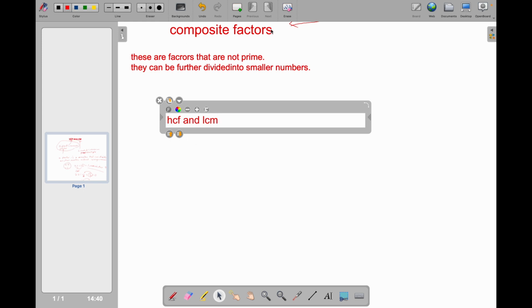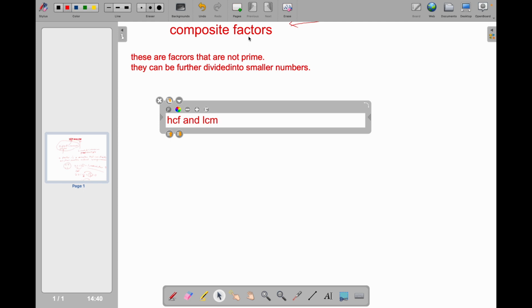That's why we're talking about factors. A highest common factor is the biggest number that can divide, and we will talk more about that a few minutes after. For now, let's talk about lowest common multiple.